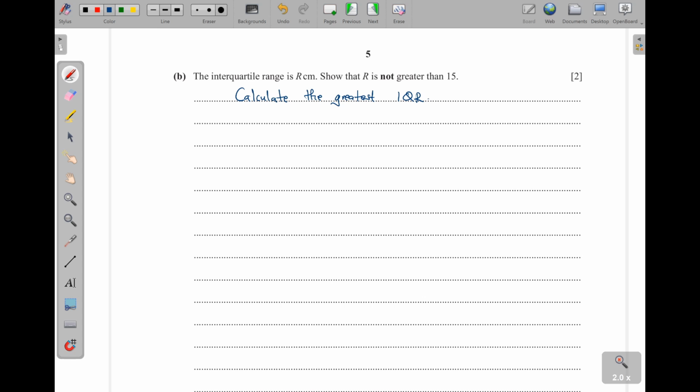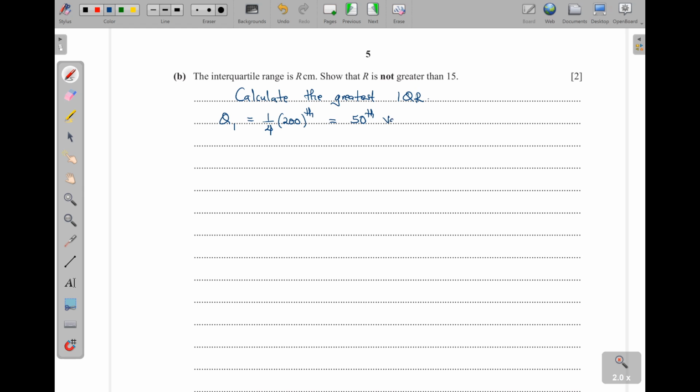Now remember, for IQR, we are going to get the upper quartile minus the lower quartile. So the lower quartile, Q1, is a quarter of the summation of F. So this is the 50th value.